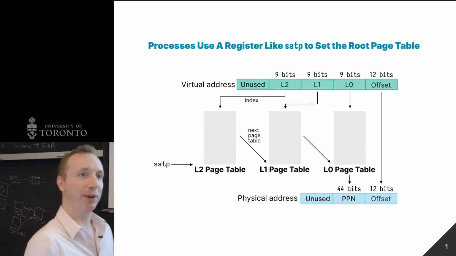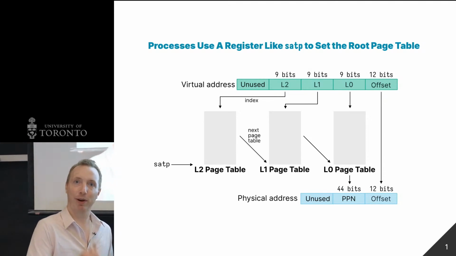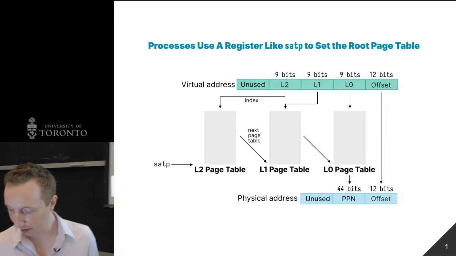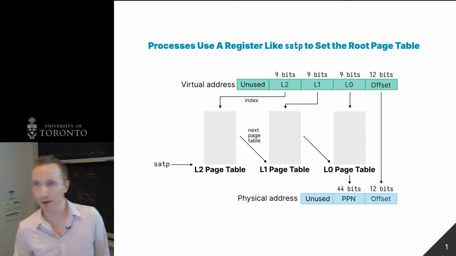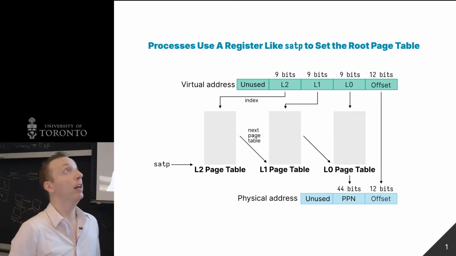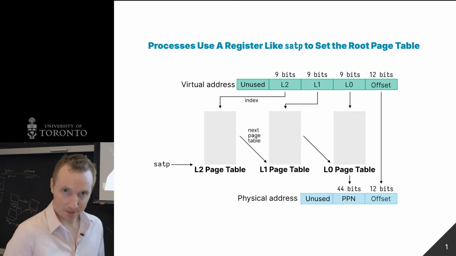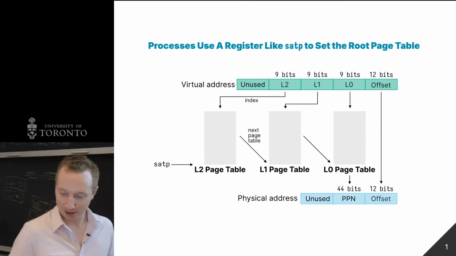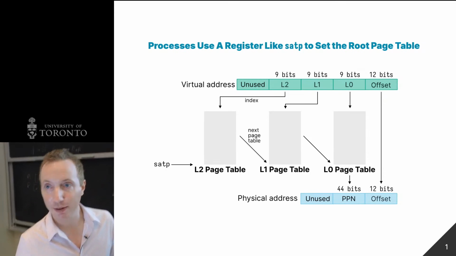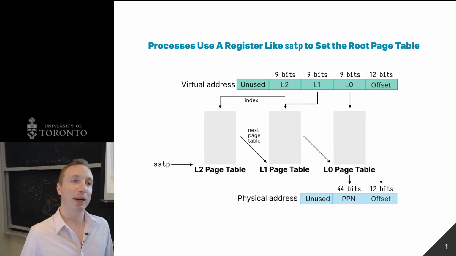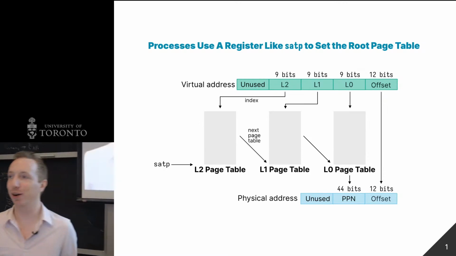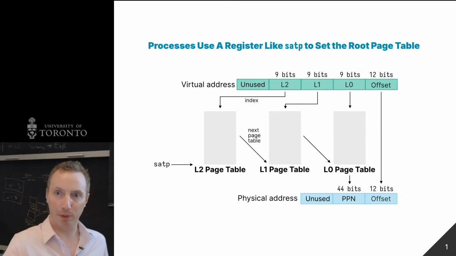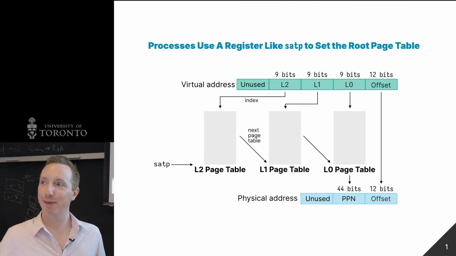So every time I have to translate an address, I have to go through another memory access. If I'm using a 64-bit address, even with only 39 virtual bits, as opposed to a 32-bit machine that only needed 2 levels. So, history lesson: when people first started transitioning to 64-bit, there was a big reluctance because it was slower. 32 bits covers up to 4 gigs of RAM, and people didn't have that much RAM.